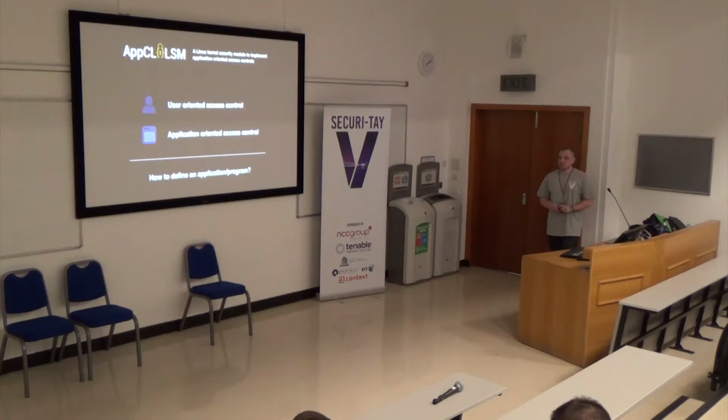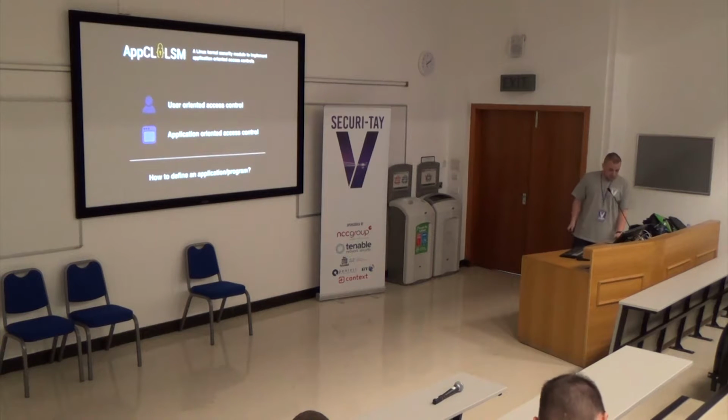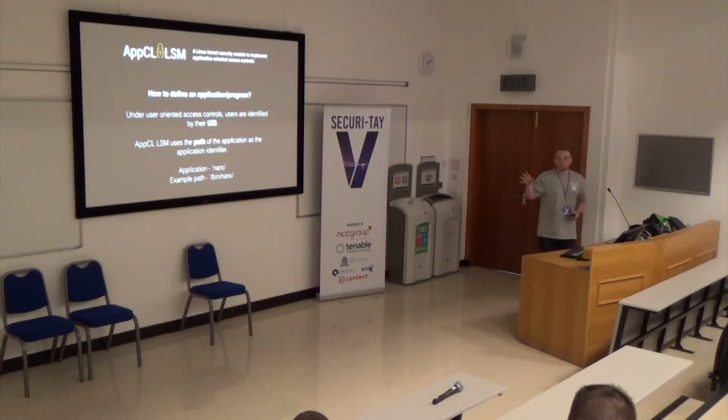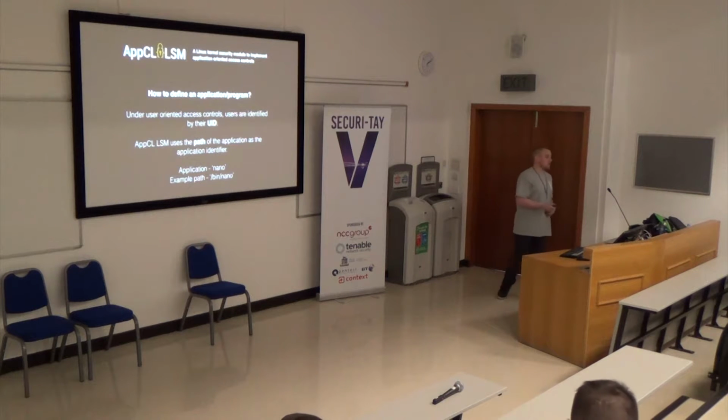So the first question here is, how do you define an application or a program? As we saw earlier, users are identified by their UID, and if they're in a group, by their GID. Now, AppCL LSM uses the path of an application as the application identifier.